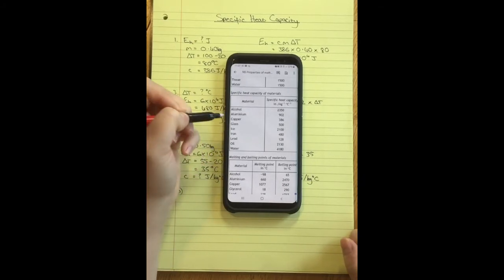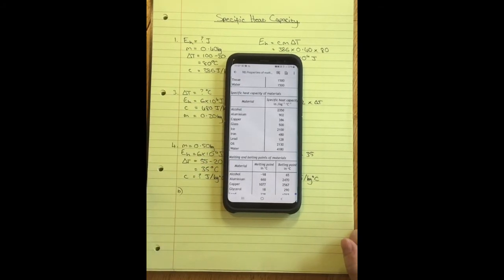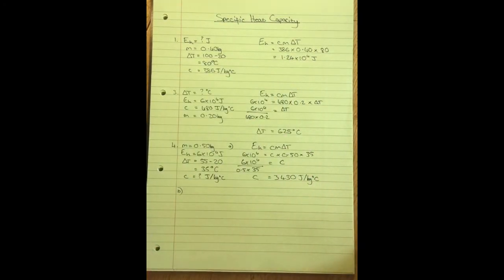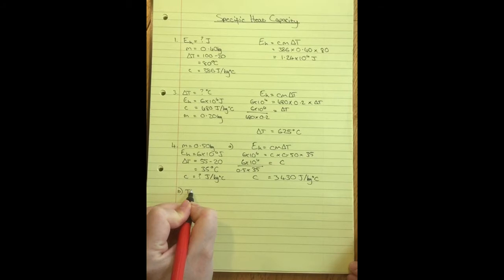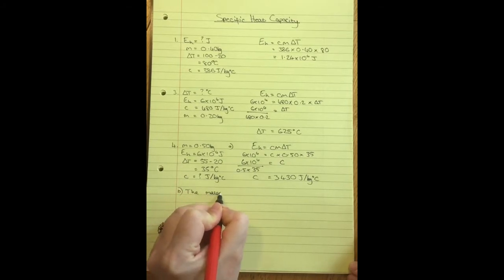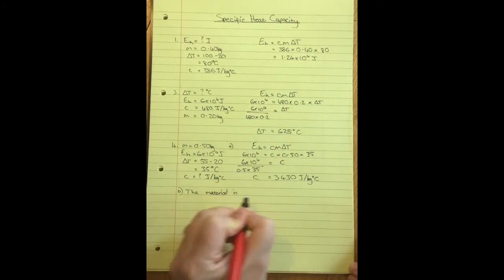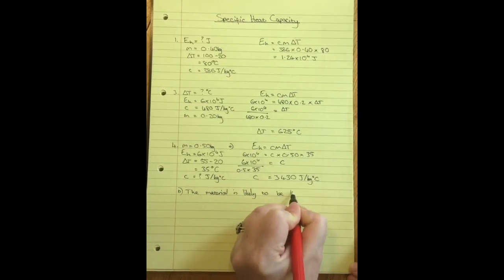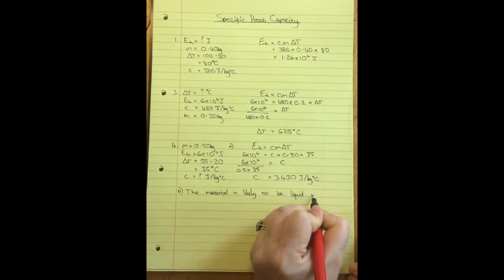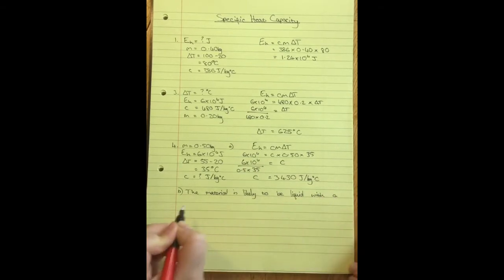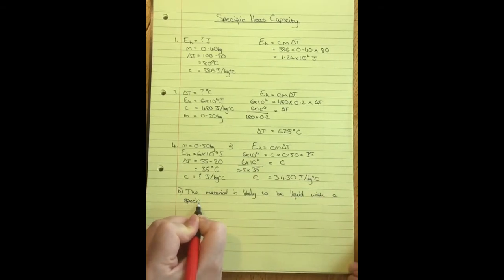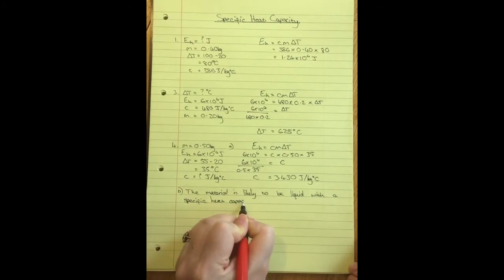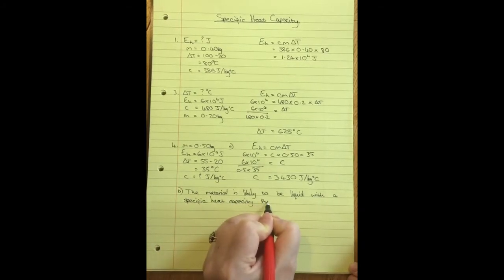The solids tend to be in the hundreds. So that means with this specific heat capacity, we are likely to be a liquid. Likely to be liquid with a specific heat capacity this high.